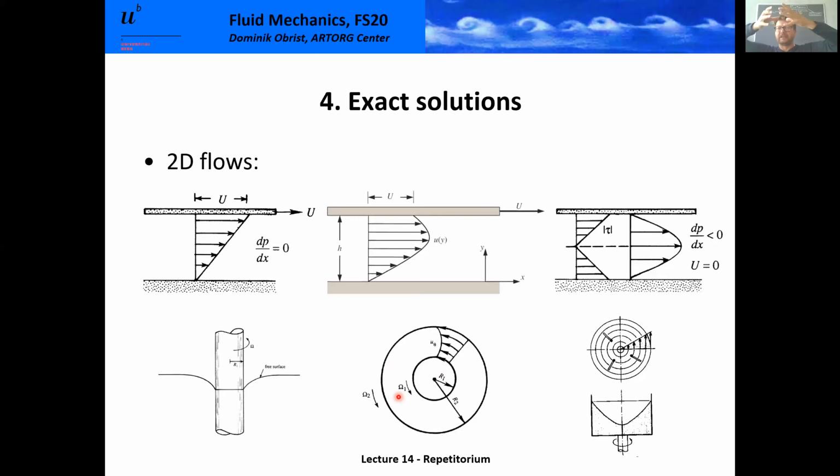We let it grow infinitely large, and at the same time, we made it stop, so not rotate anymore. So we just have the inner cylinder rotating, and we ended up with a solution which looks like that. And it's a vortex which, surprisingly, although it's rotating, has no vorticity.